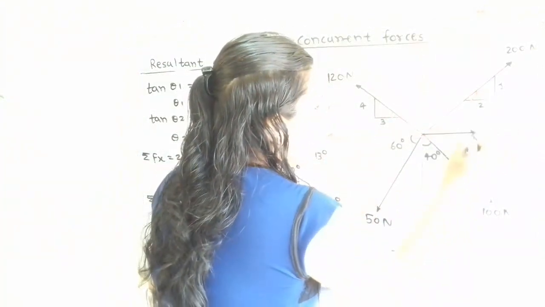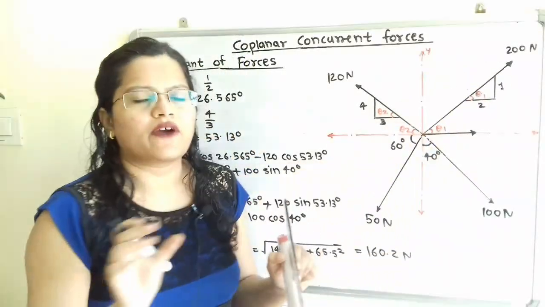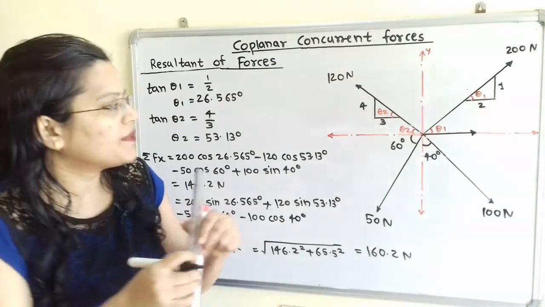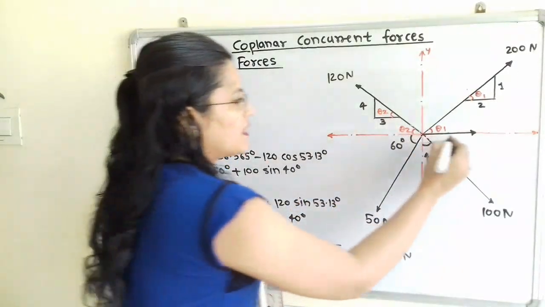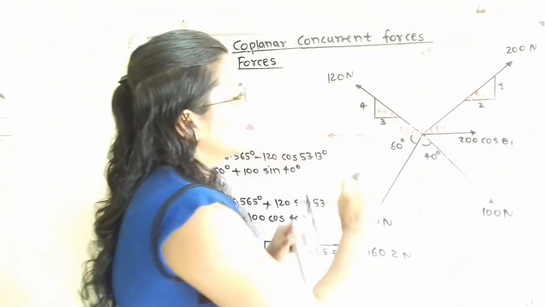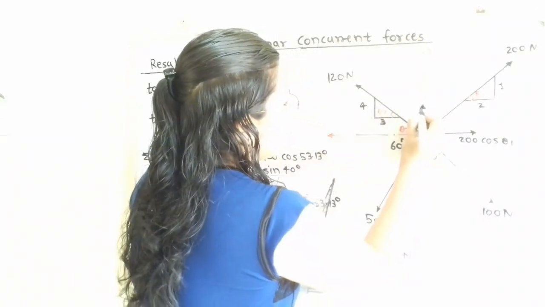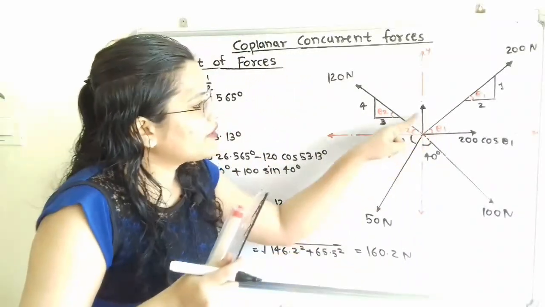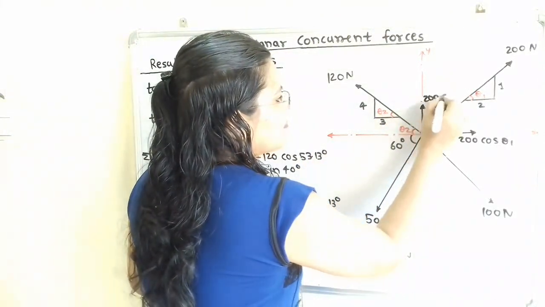Its value is 200 cos of theta1, because this component is nearby to angle theta1. Now I will show the vertical component. It is away from theta1, so it is 200 sine of theta1.